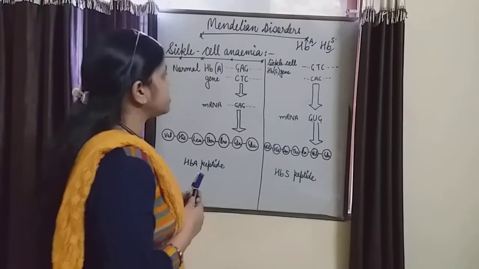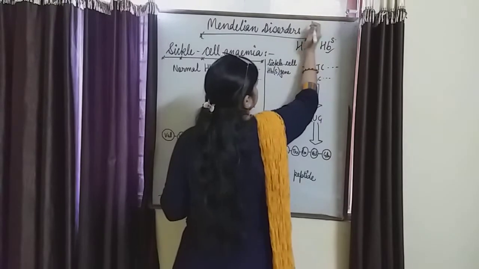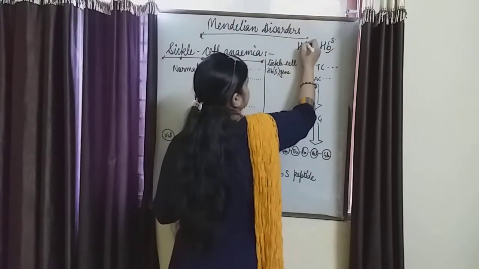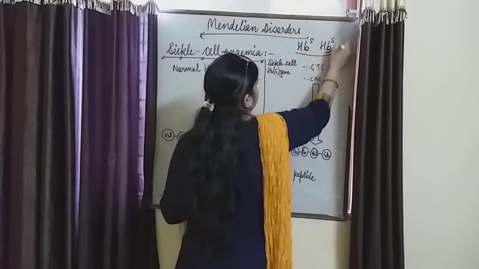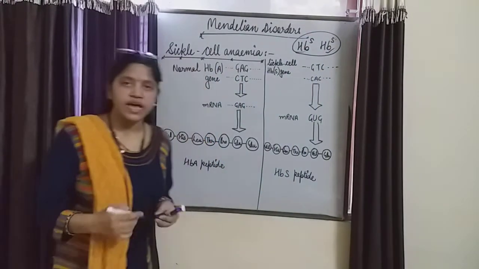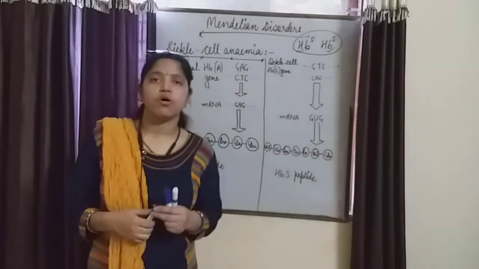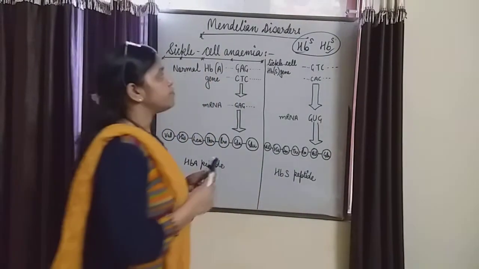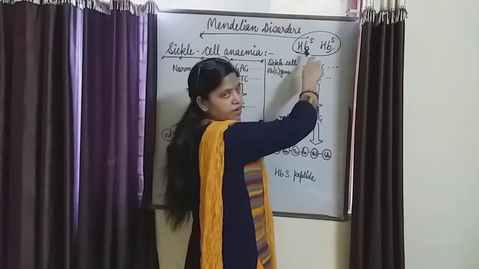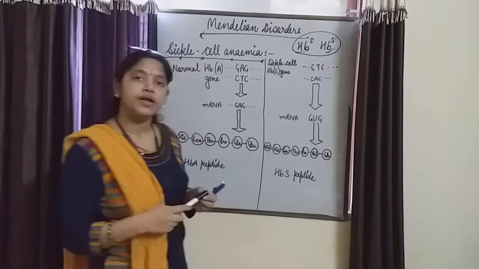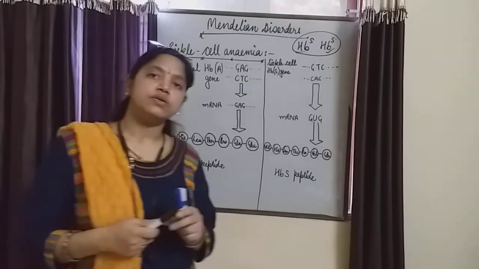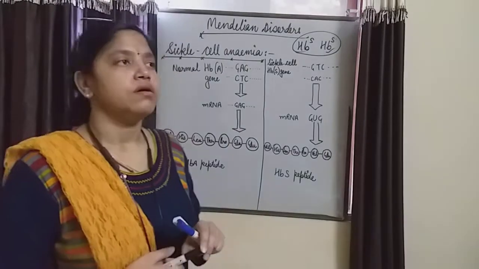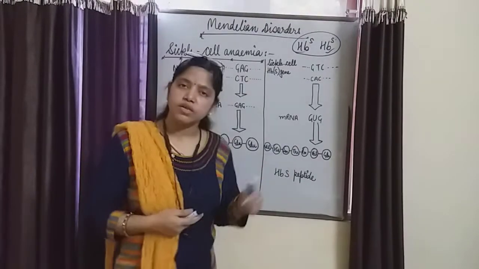How? It is caused whenever the condition is like this. Okay, whenever the condition is homozygous, the disease is caused in the next progeny. Okay, so one of the genes is coming from one parent and another from the other parent, whether the person or the parent is a carrier or diseased.